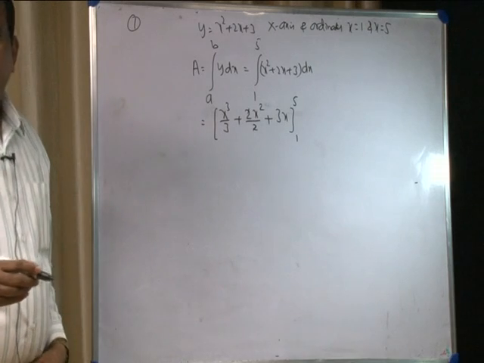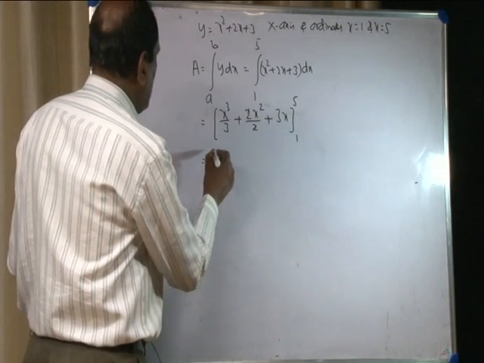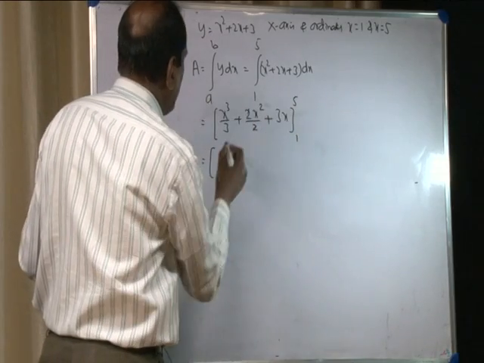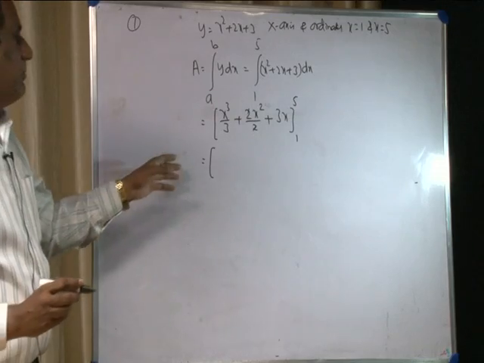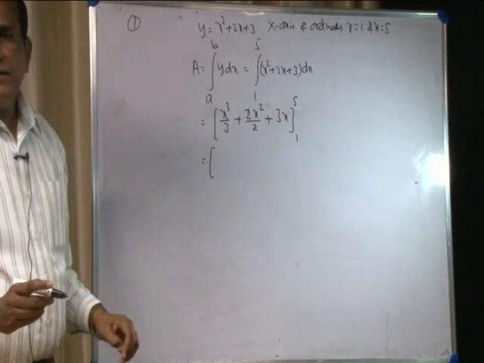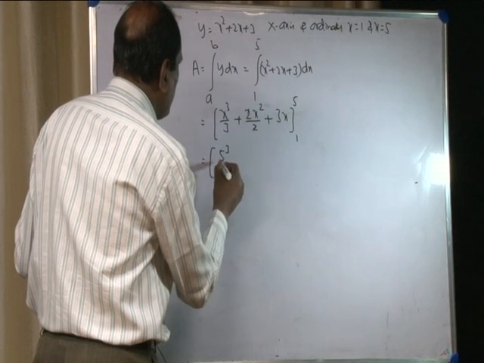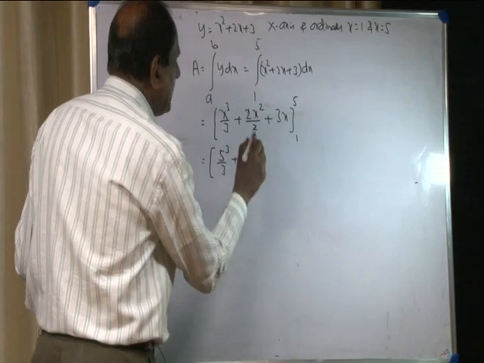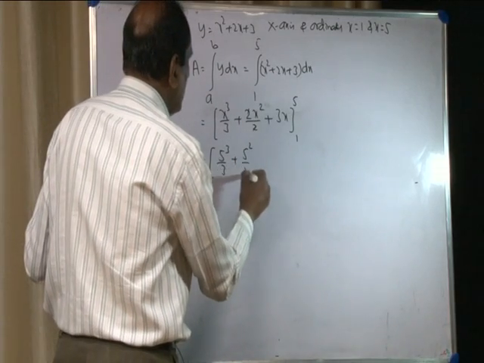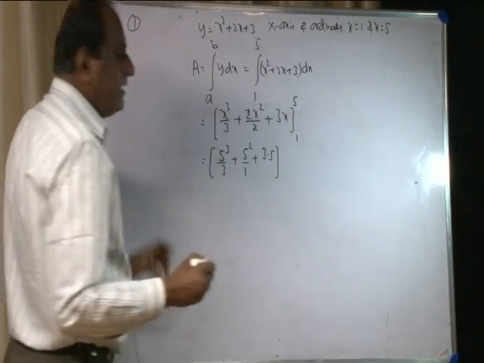Now, apply the upper limit in the first big bracket. What is the upper limit? Upper limit is 5. Put x is equal to 5. So, 5 cube by 3 plus 5 square plus 3 into 5, close the big bracket.